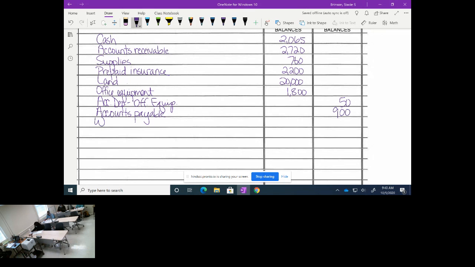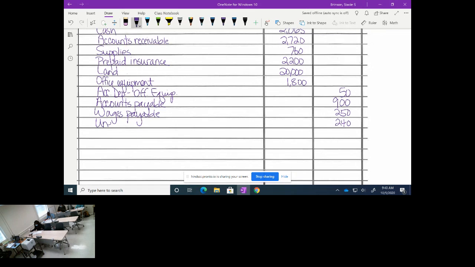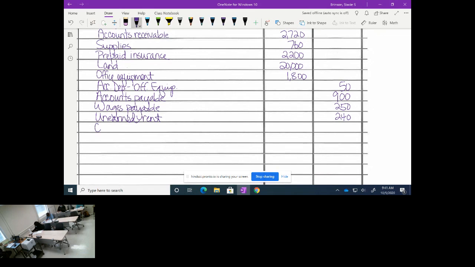Wages payable, $250. Unearned rent, $240. And the last thing we'll have is Chris Clark Capital.